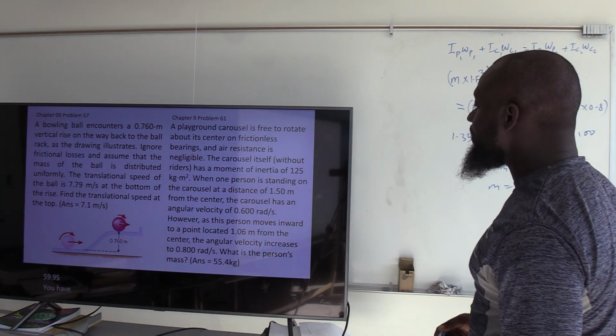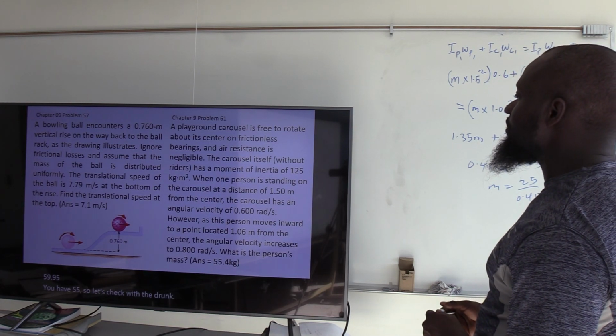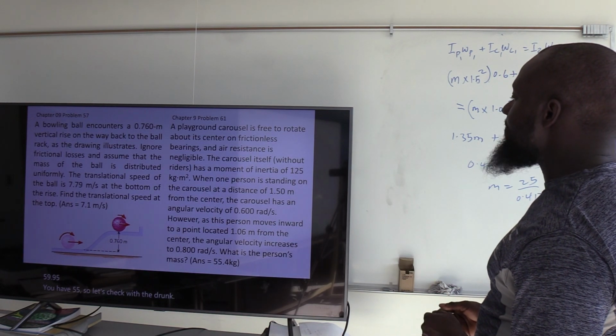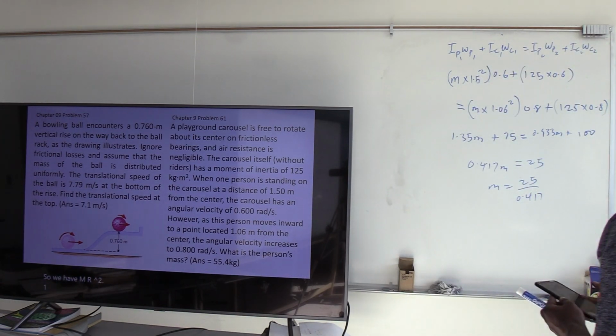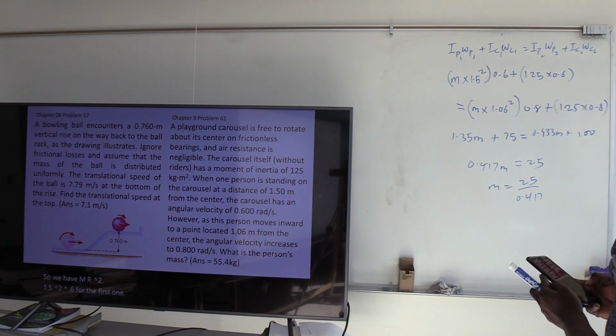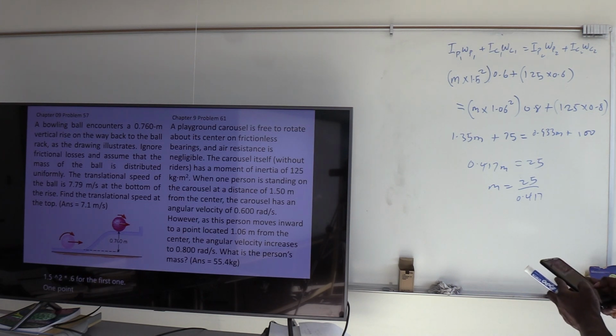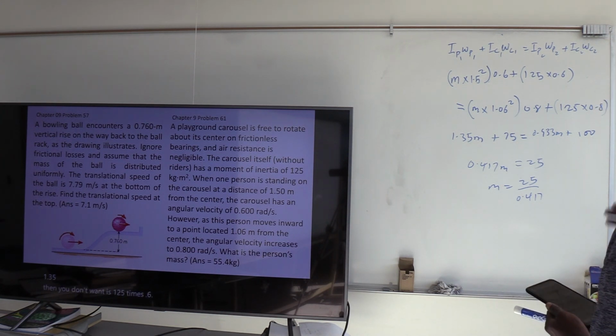So let's check what we did wrong. We'll have m r squared, 1.5 squared times 0.6 for the first one, 1.35. Then the other one is 125 times 0.6, 75.